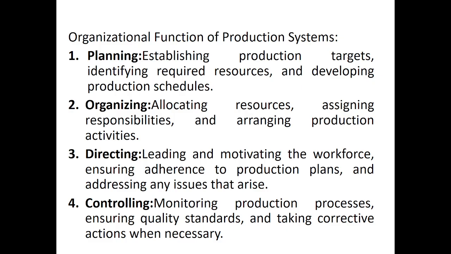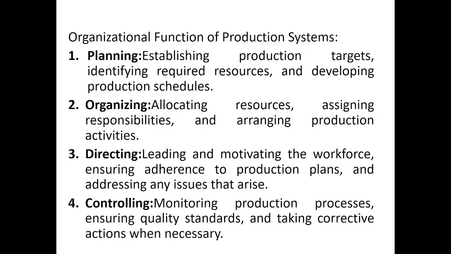तो प्लानिंग में इतना सारा प्रोसेसेस, इतना सारा स्टेप्स लिया जाता है. पहला है establishing production target. First of all, they are going to set the target, that this is the target we need to achieve anyhow. And after that, identifying the required resources. What are the resources we require? And according to that, we need to work.